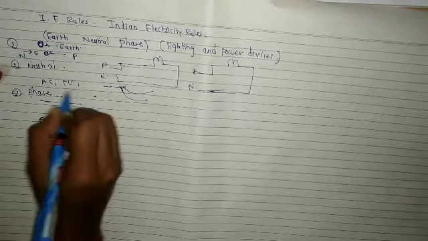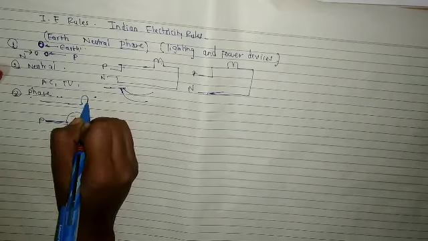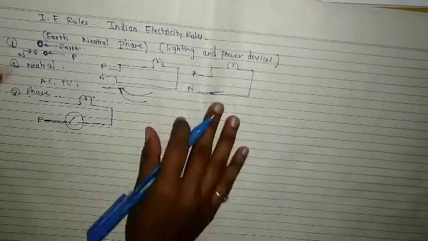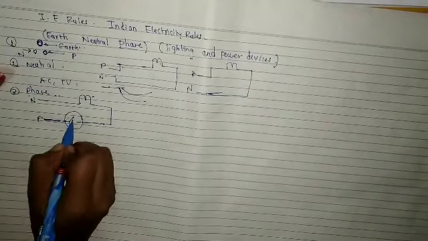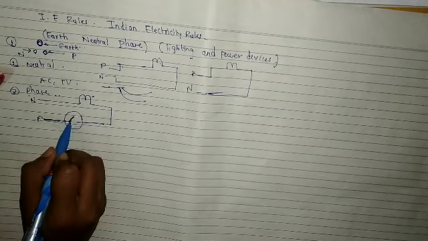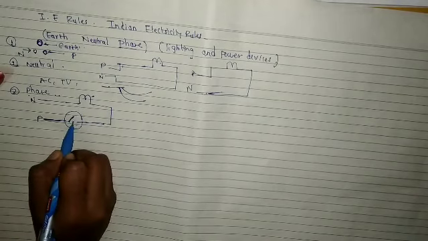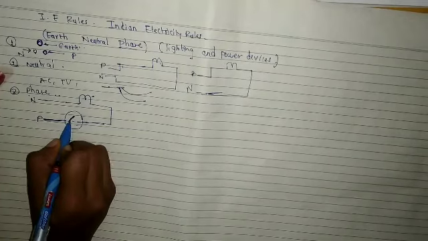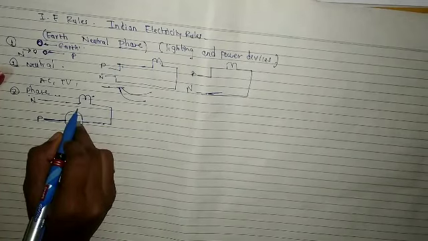Neutral has to go to the appliance, and this is our bulb. Now this is phase and neutral. This is an open circuit, so current will not flow from here because the circuit is open. Whenever I close the switch, whenever I turn it on, then what will happen?